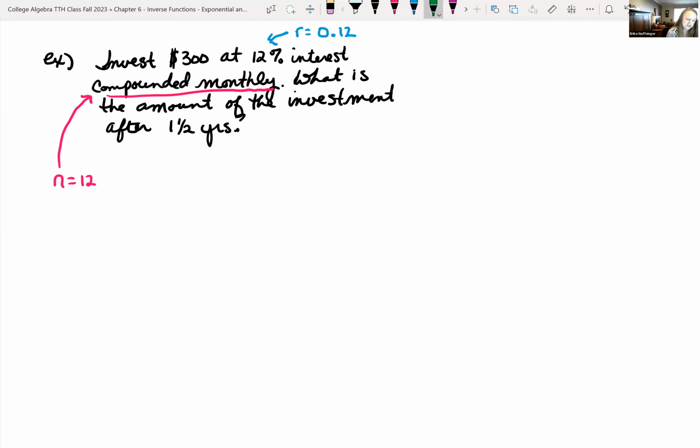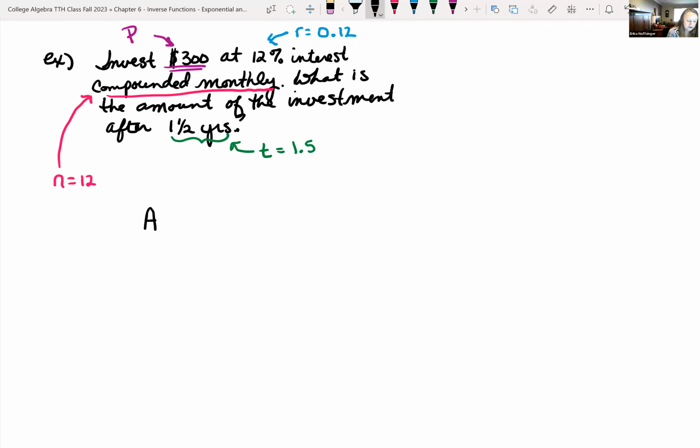And we're given that our time, t, is equal to 1.5 years, or another way to write it in decimal form is 1.5. And our principal, P, is 300.